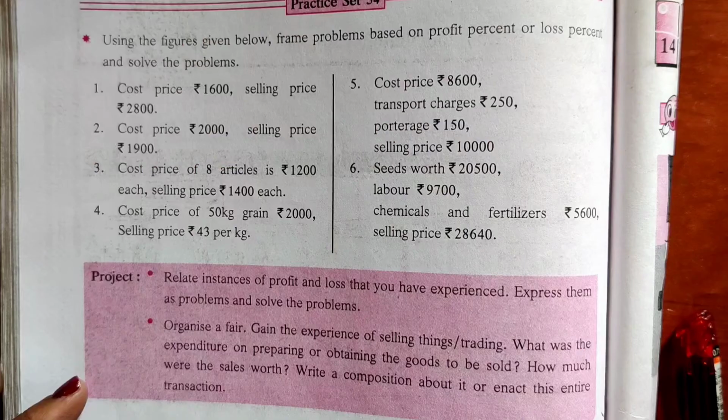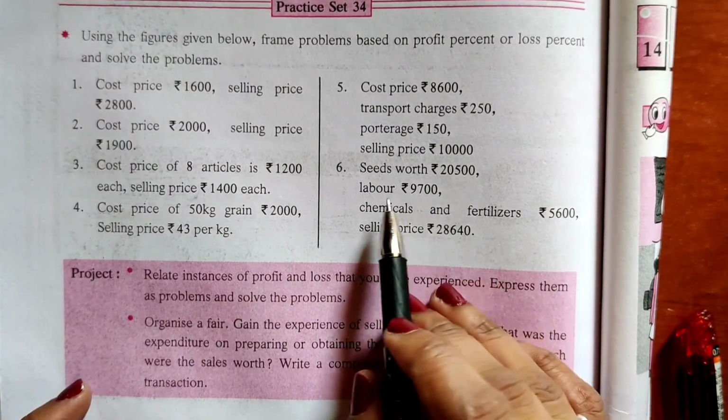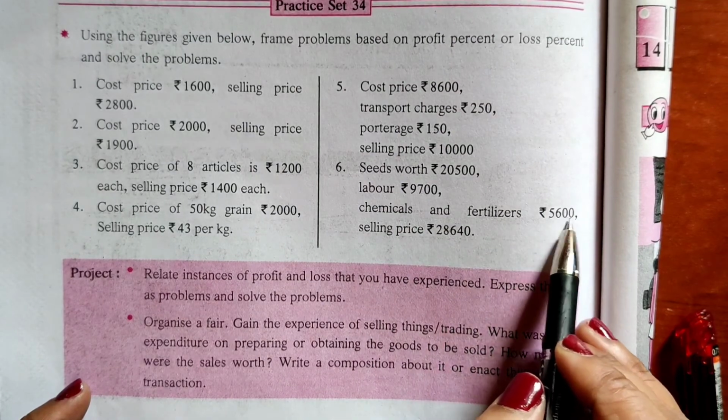Finish. Now last question. Seeds worth rupees 20,500, labor 9,700, chemicals and fertilizers 5,600.